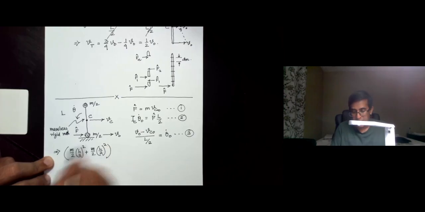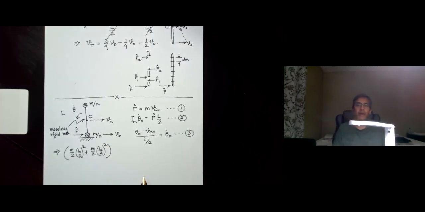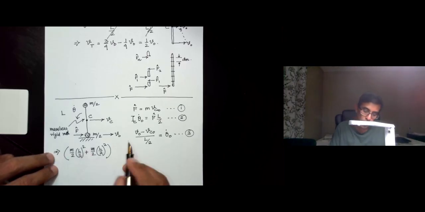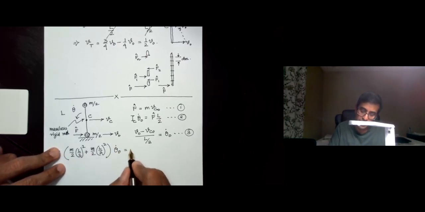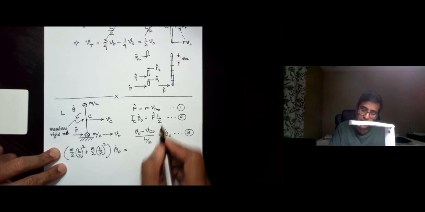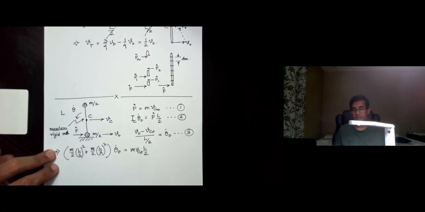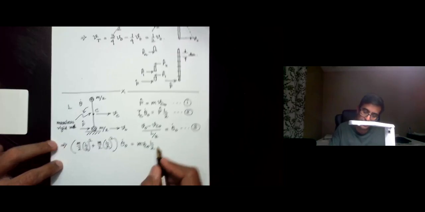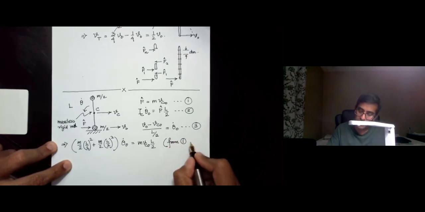So this is the net moment of inertia of this dumbbell kind of situation about the point C, times theta dot naught, is equal to f hat times L over 2. So I'm going to substitute m vc naught times L over 2. All right, so this is from 1 and 2.